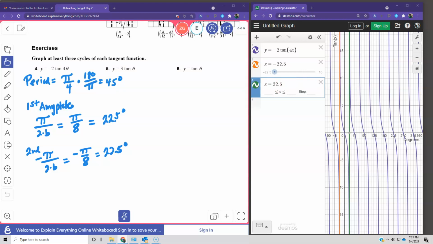So 22.5 plus 45 gives you 67.5. So x equals 67.5, and that is the next asymptote.